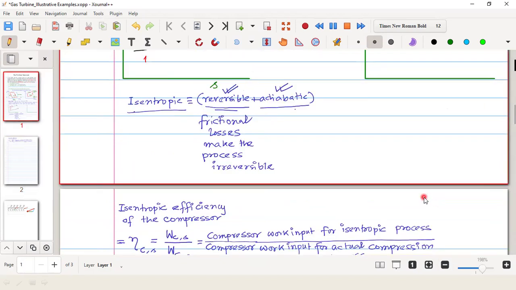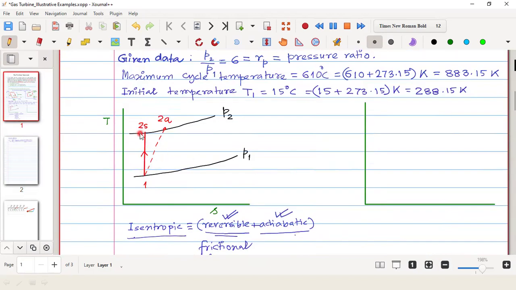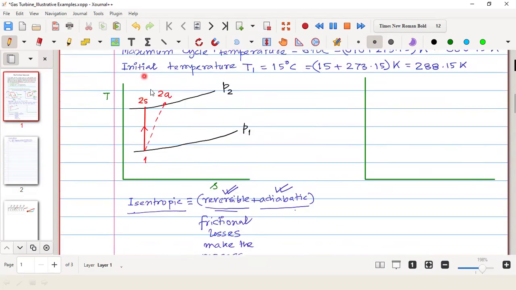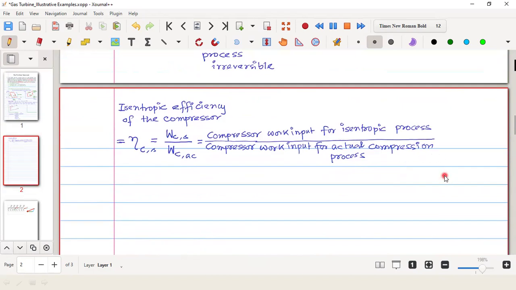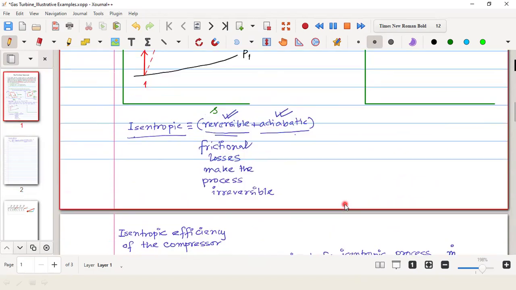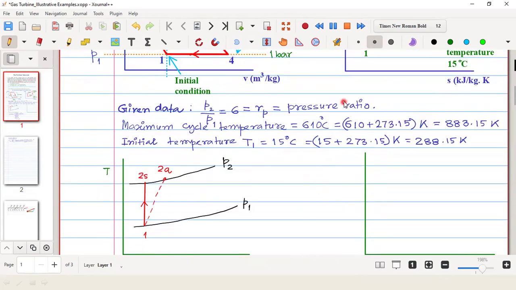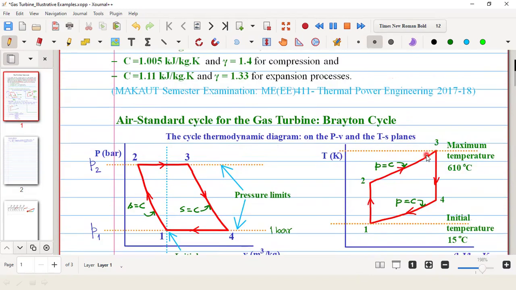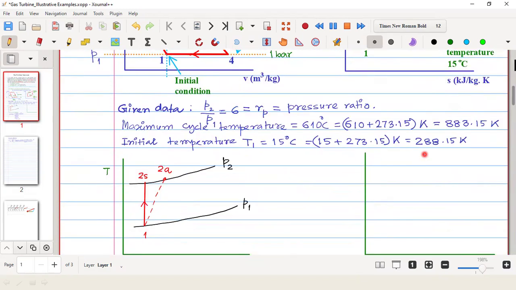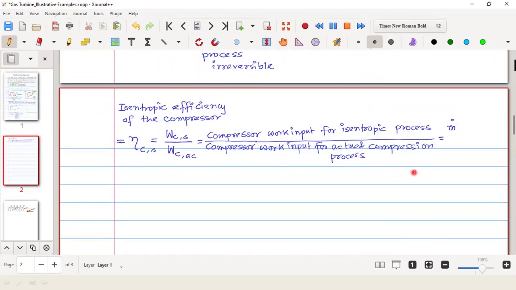Okay. Now, what is that? Therefore, during the isentropic compression process, it is mass flow rate multiplied by the change in enthalpy. So that is equal to mass flow rate, which is 16 kg per second as given, multiplied by the change in enthalpy.